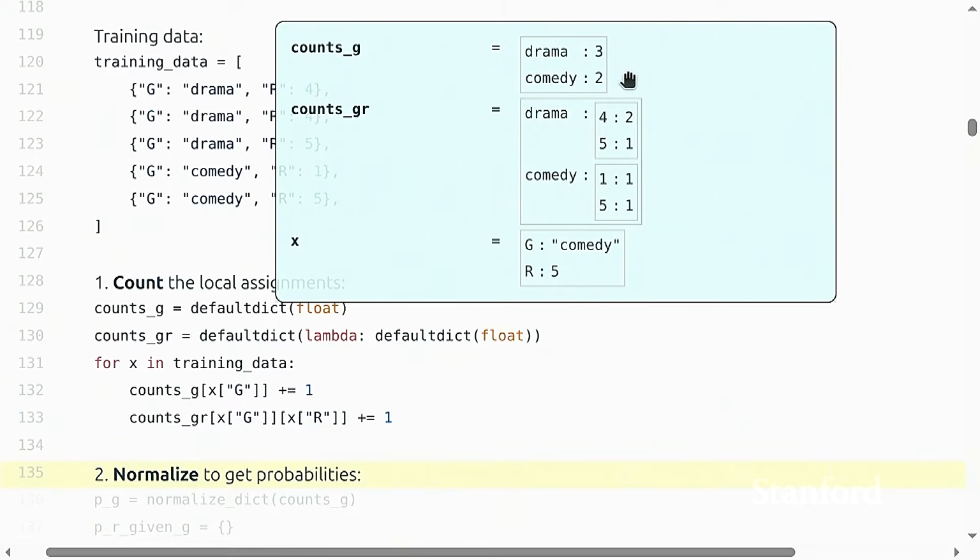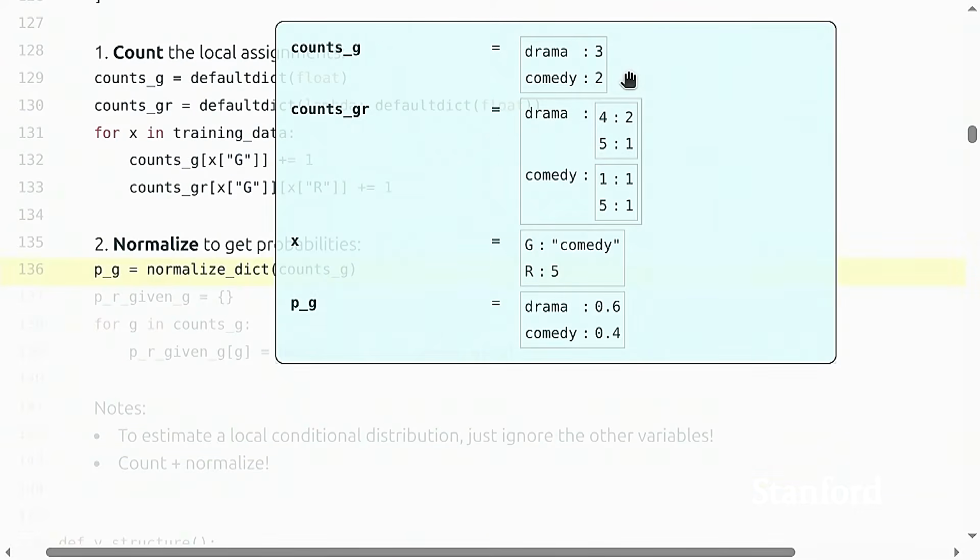Okay, so here, this count G is exactly the same as before. We're just going to normalize these counts into this distribution. Okay, 3 over 5 and 2 over 5. And then, what do I do with this? So there's actually 2 distributions here to normalize.